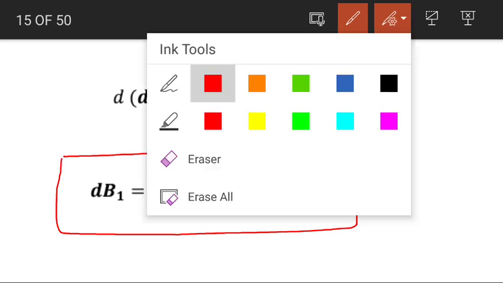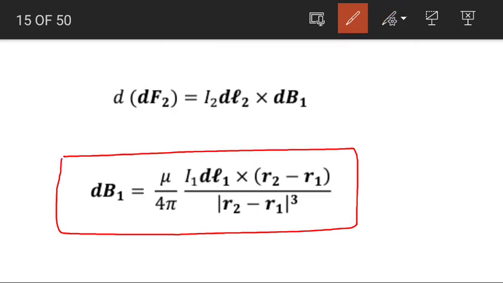The differential magnetic flux density will be equal to mu divided by 4 pi into I1 dl1 cross (R2 minus R1) divided by |R2 minus R1| raised to power 3. We know that dl1 is a vector quantity.